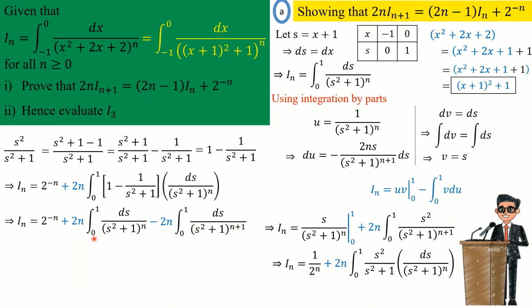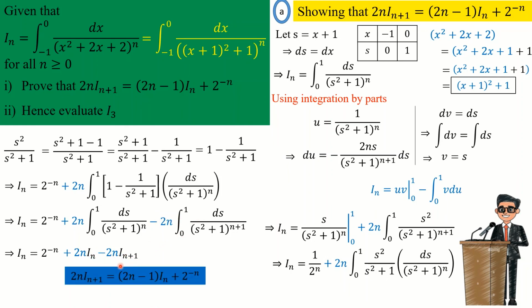Now originally we were told that this is In. So definitely this is going to be In plus 1, because the power of s squared plus 1 is n plus 1. So this is In plus 1. So we can write In is equal to 2 to the negative n, plus 2n times In, minus 2n times In plus 1. From there we are good.